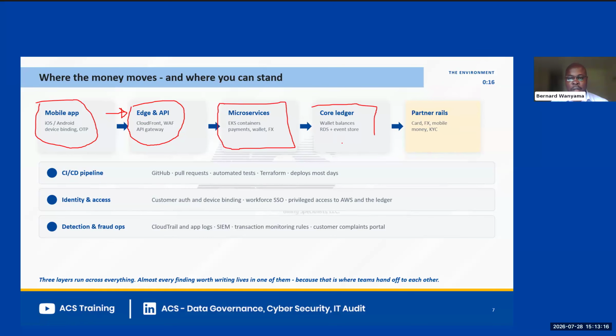You have a core ledger that is database-based, and that's what's running the bank at the end of the day. And then on the other side, you have your partners, your vendors and third-party service providers who support with different specific technology, cards that could be Visa, MasterCard, or any other card provider.